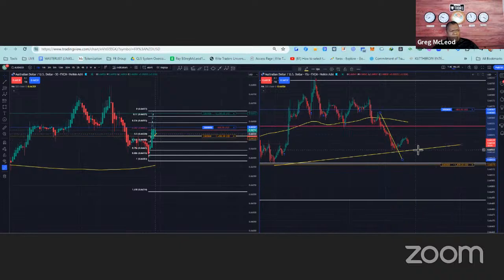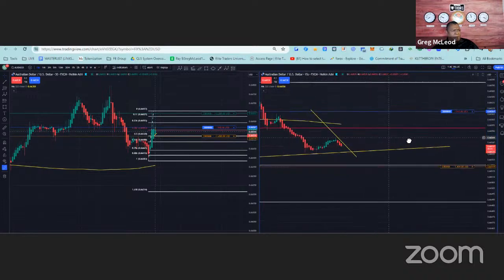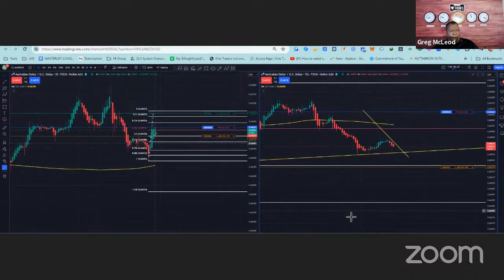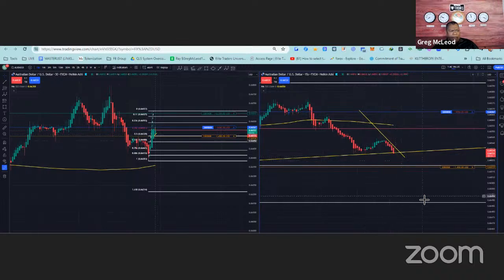Now, when we come back to retest this line, that is the question. Big correction right back to the trend line, a retest of the trend line.